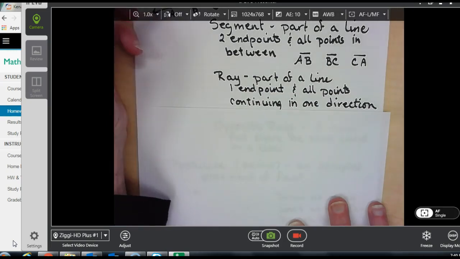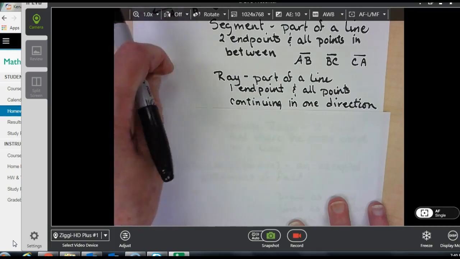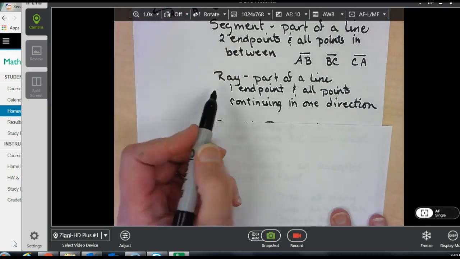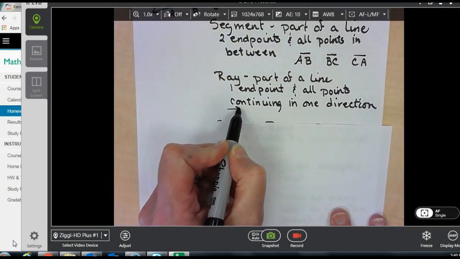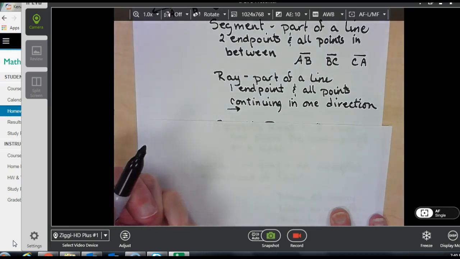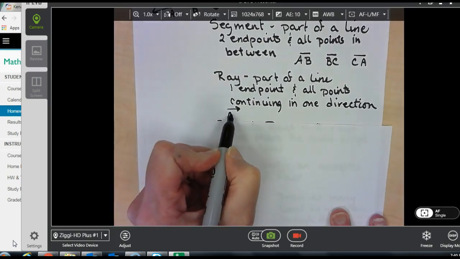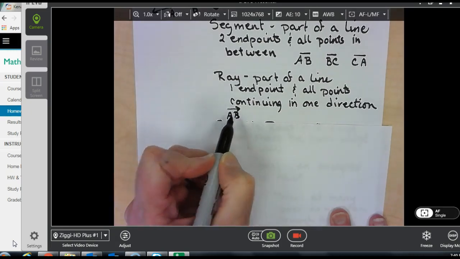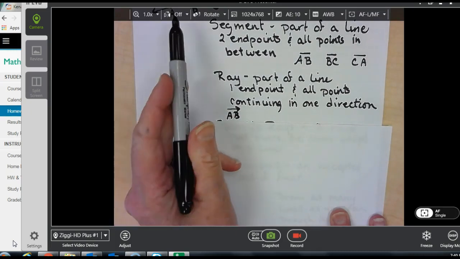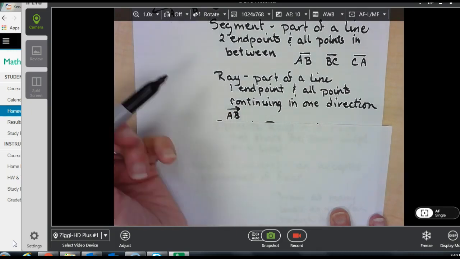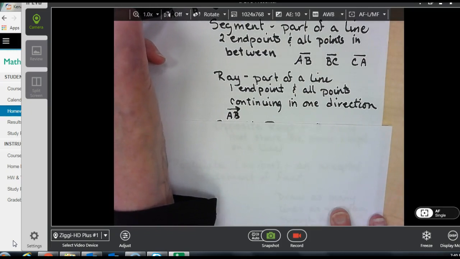So if we start with A and continue on to the right through B and C, we have to write that as a ray. So you show an actual ray, A, and I can call it ray AB, or I could have called it ray AC. The main point is that the endpoint is the letter you start with.